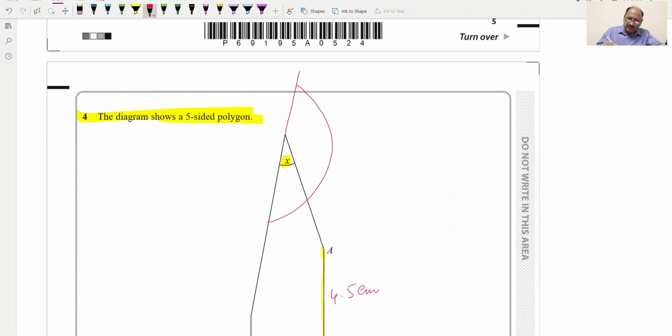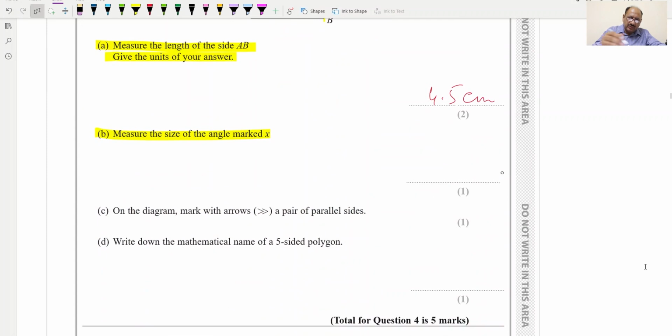We can measure this angle from this zero line to this one, and in this case it is 29 degrees. The degree symbol is already there, so we can write 29.